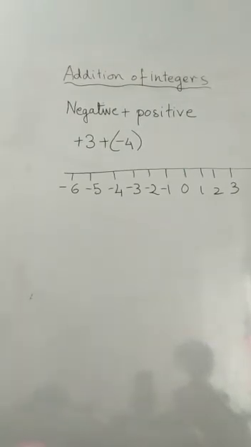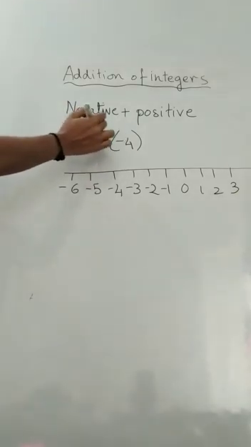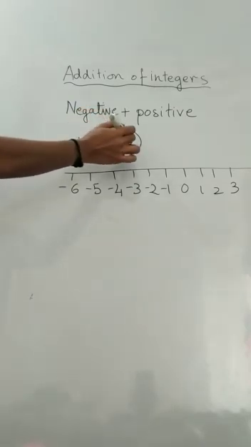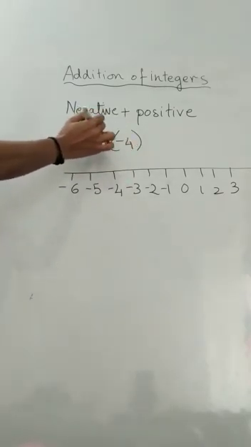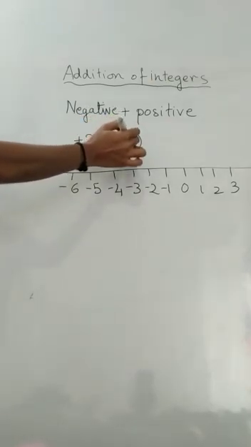Now the last case, one negative plus one positive. So you have done one negative plus positive before, but in that case, what was the difference? The positive numeral was bigger than the negative one. Here the positive numeral is 3 and the negative numeral is 4.